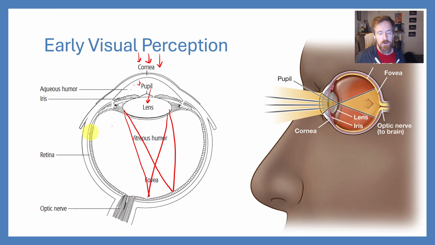Those photoreceptors are what transduce that light signal into a neural impulse. If we want to look at where exactly perception begins in the human experience, when we're talking about vision, this is generally where it begins.